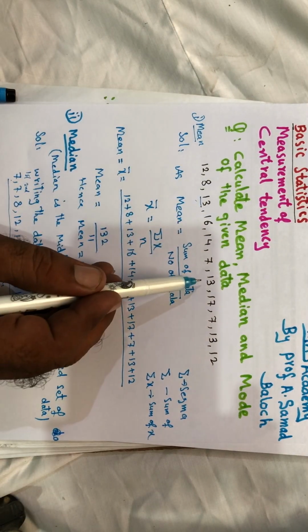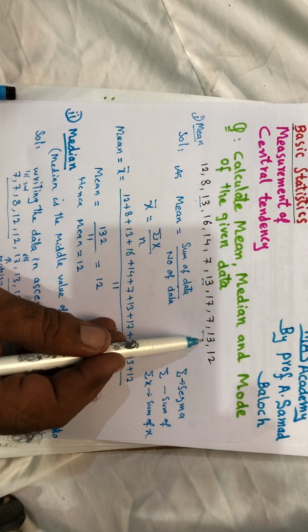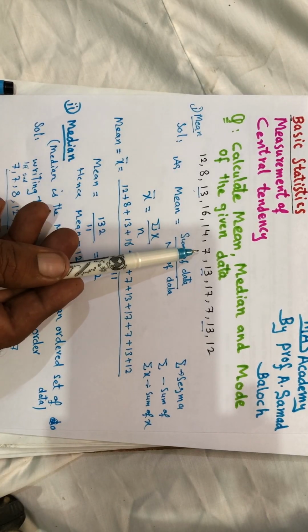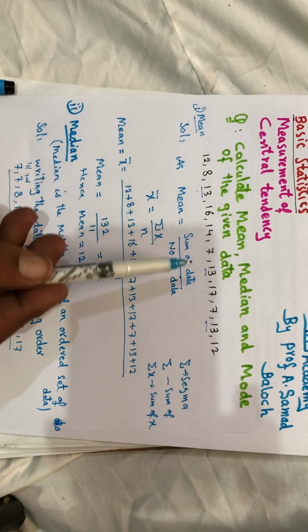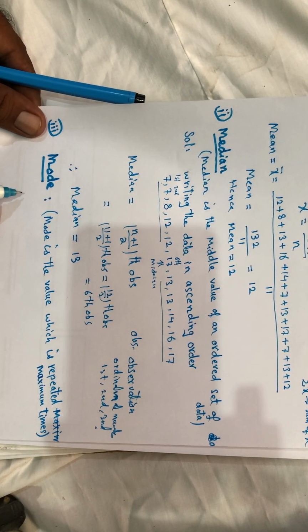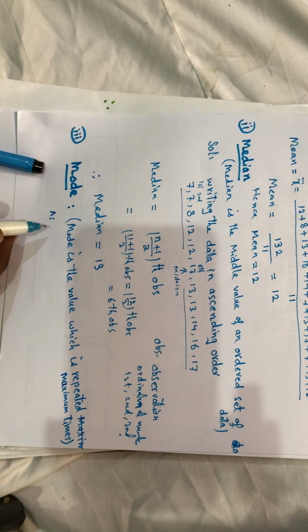Very easy to calculate. It means the easiest tool to find central tendency is mode for ungrouped data. Right now we can see 13 is coming 3 times. That's why 13 is our mode.